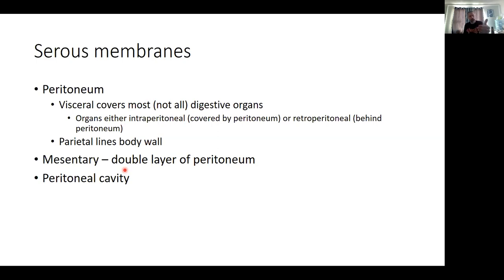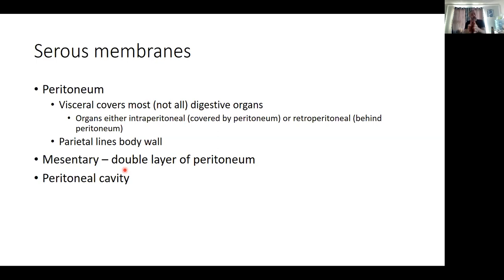So not against a body wall, not against an organ, but next to each other. And within that little space between them, this is where we can run blood vessels. So we've talked about the superior and inferior mesenteric artery before. They're going to pass through some of these mesenteries. Nerves, all of that kind of stuff can travel from back by the spine, where the big blood vessels and the spinal cord all run.